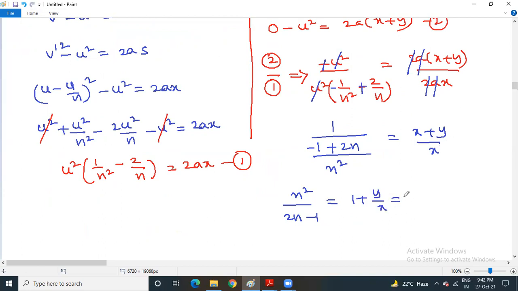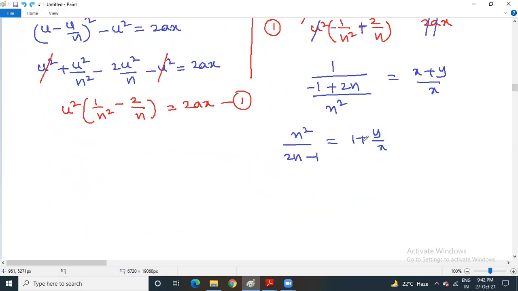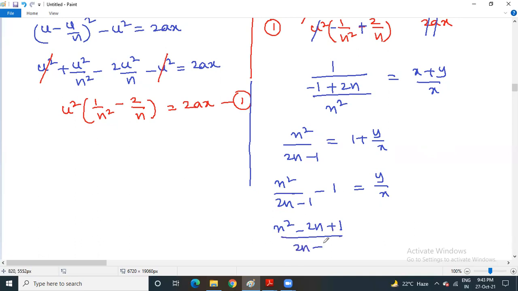Now take the 1 to this side. So n square by 2n minus 1 minus 1 is equal to y by x. After taking the LCM, you get n square minus 2n plus 1, the whole divided by 2n minus 1, is equal to y by x.